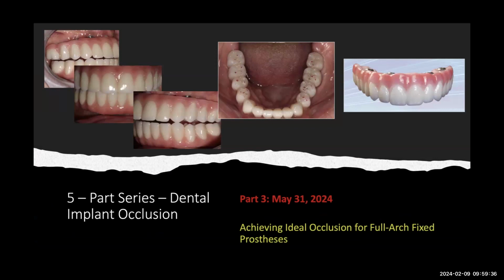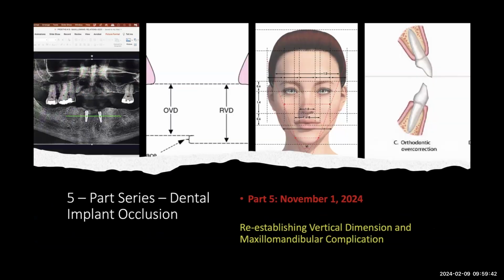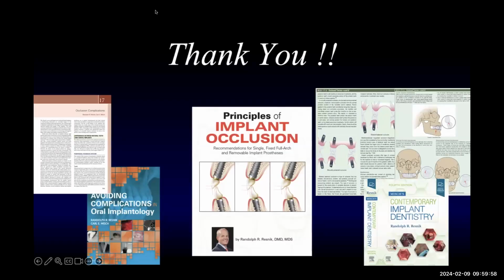Then the third, we'll talk about full arch prostheses, followed by removable. And then the last is I'm going to summarize maxillomandibular relations, how to reestablish vertical, when you should, when you shouldn't, and some of the problems that we see in these immediate load cases because of maxillomandibular relation issues.